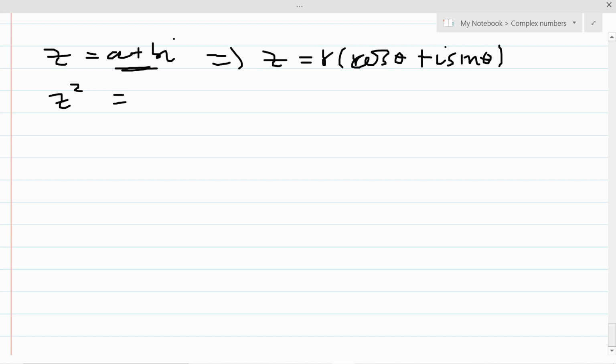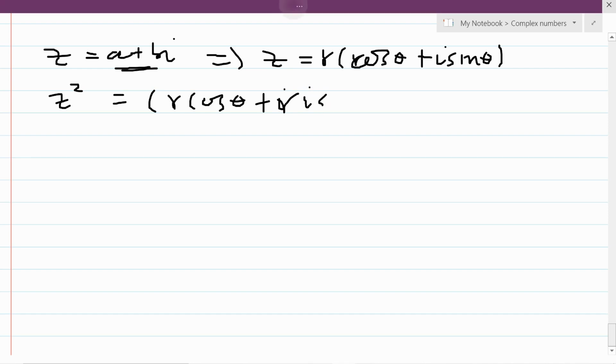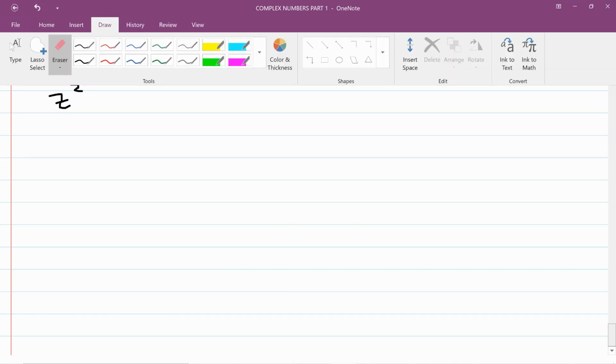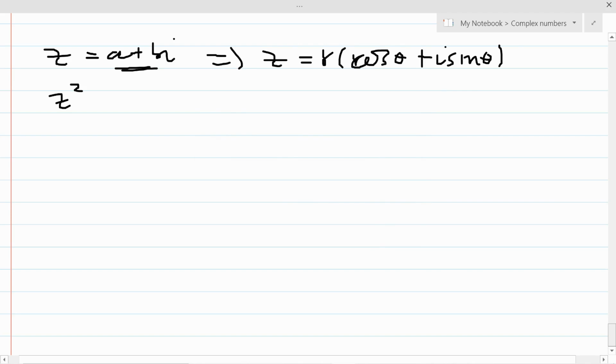Okay, so z squared will be equal to the whole of this, r into brackets, or let me multiply the r together. Okay, so r cos theta plus I sine theta. Let me write it again. You are saying that the whole of this will be equal to r into brackets cos theta plus I sine theta, all squared, everything squared.